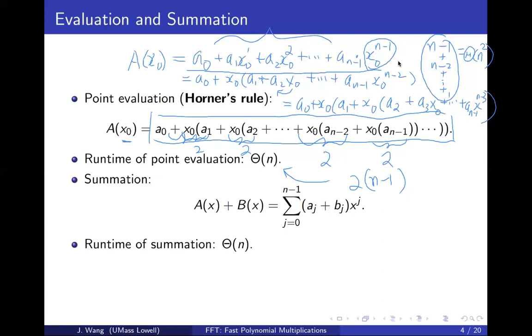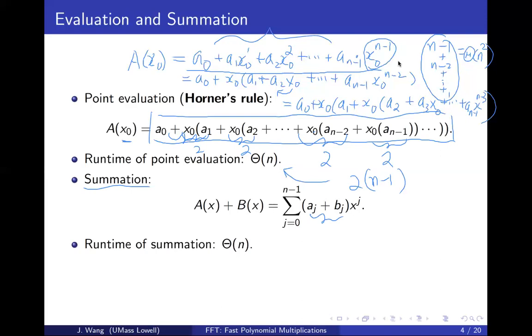Now we look at polynomial operations. We have two operations: one is summation, the other one is multiplication. Summation is straightforward. We just add the corresponding coefficients for each term, so this is linear.